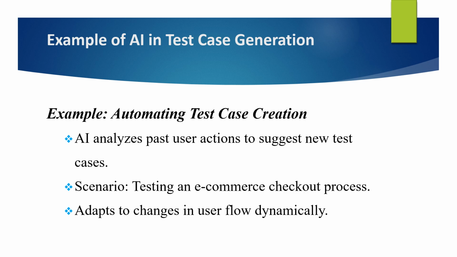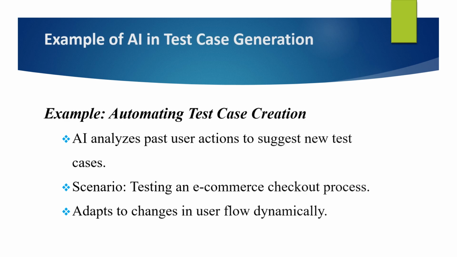It can prioritize certain paths, like verifying that a payment process doesn't get interrupted, based on past incidents of failure. As a result, you get a test suite that's comprehensive and adapted to real user behavior. And as the checkout process changes, say a new payment option is added, the AI can generate new test cases for that feature without the need for extensive manual updates.